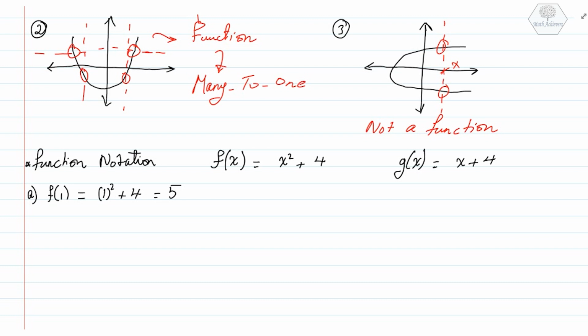If I want to find the values of x for which g of x is equal to 3, simply to solve this, I take g of x, which is x plus 4, put it equal to 3. So x is equal to -1.